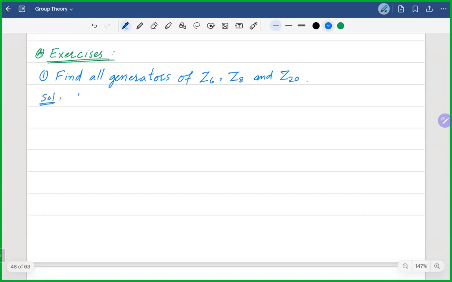Solution. So let's say for Z6, we have generators of, now what are the generators?